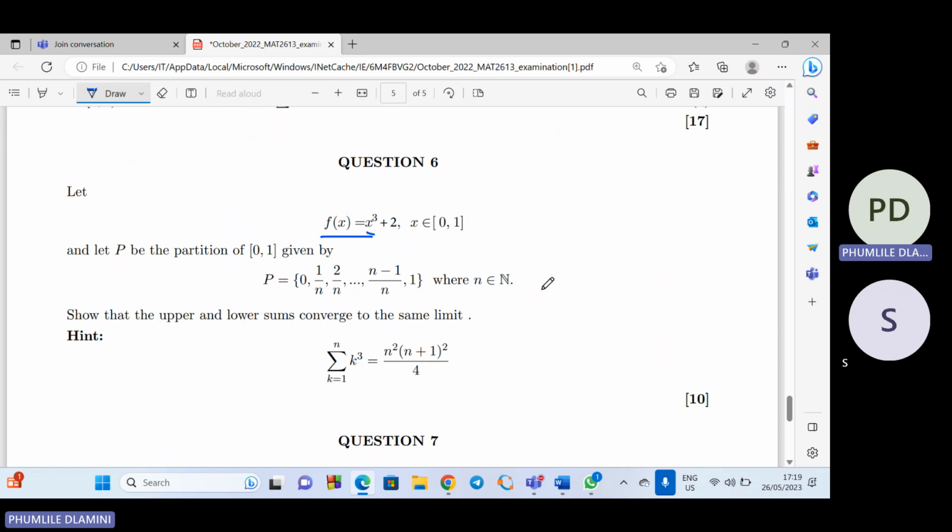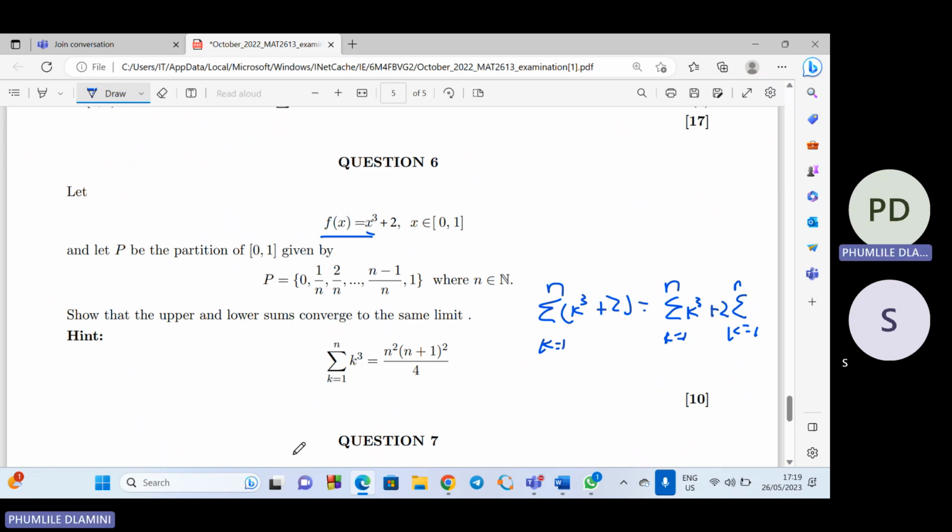So if we say the sum from k equals 1 to n of k cubed plus 2, you will see that this is going to be the sum from k equals 1 to n of k cubed plus 2 times the sum of 1.